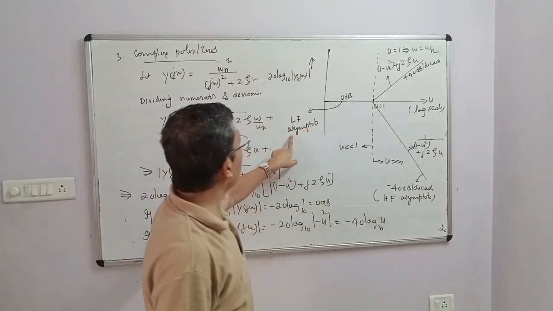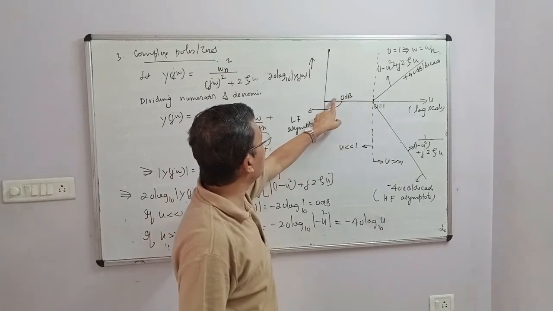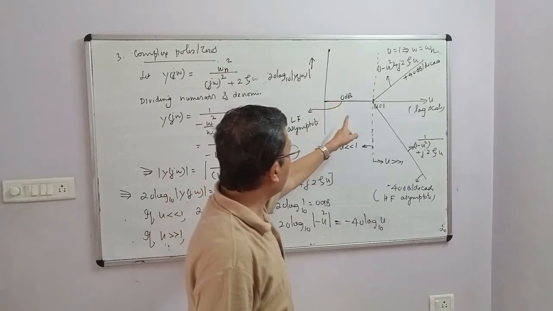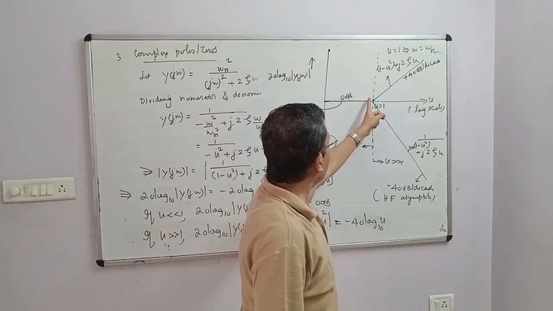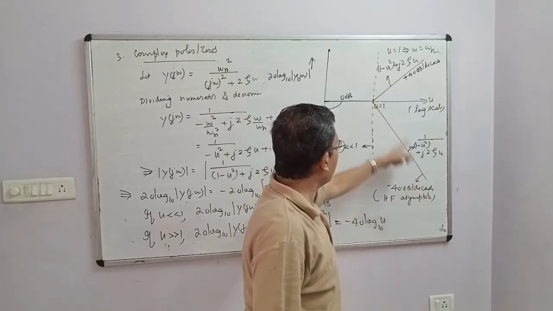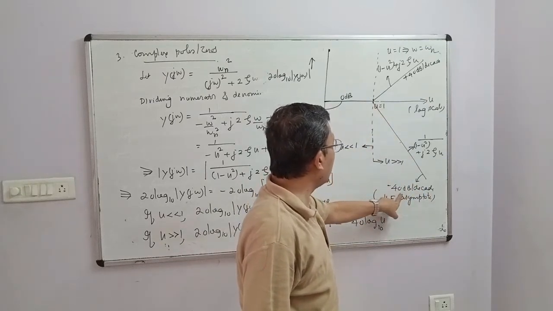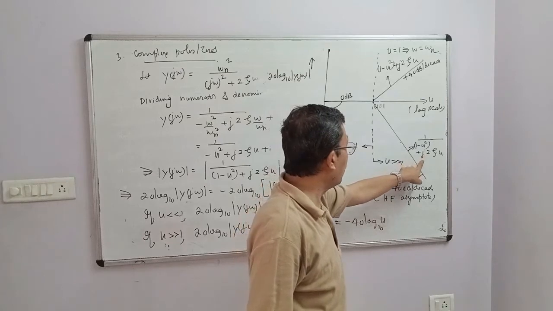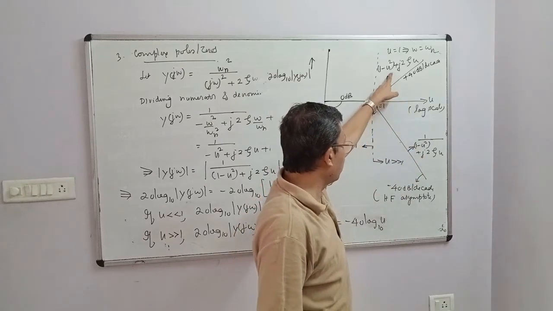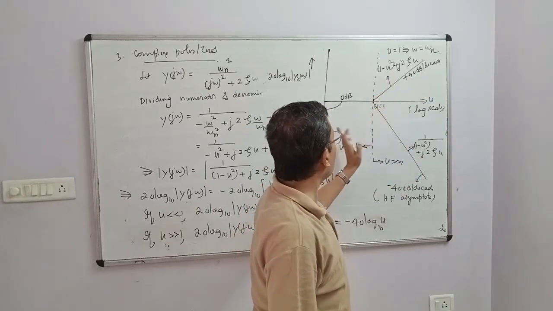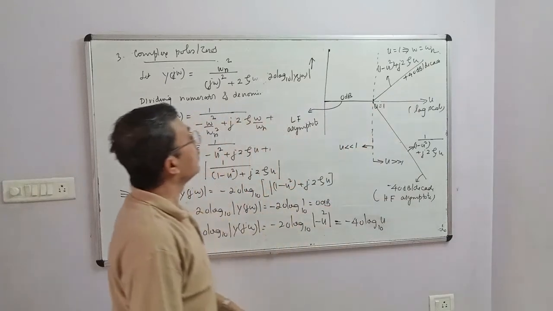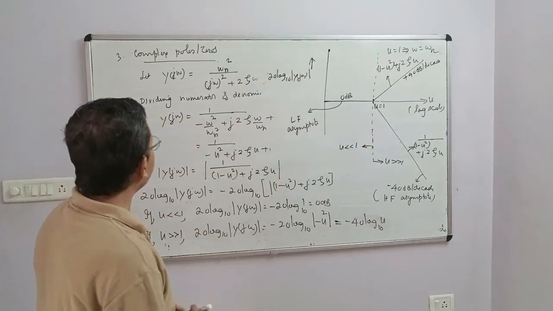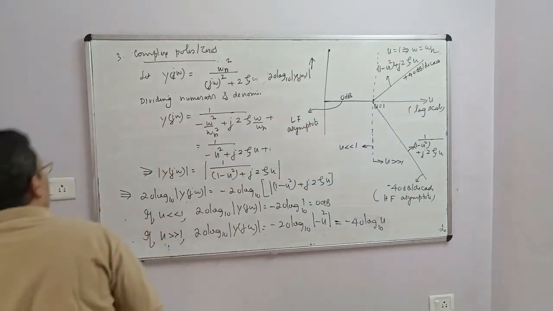Low frequency asymptote is a straight line of magnitude equal to 0 dB, correct? High frequency asymptote is a straight line of slope equal to minus 40 decibels per decade for a quadratic pole. For a quadratic 0, the slope will be plus 40 for u very much greater than 1. Okay. Next I go for the phase plot.